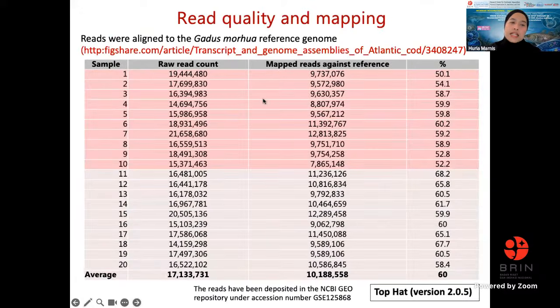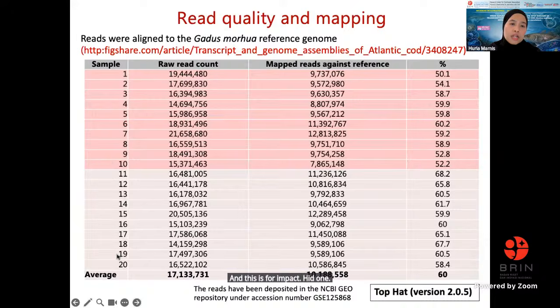These reads were aligned to the Gadus morhua reference genome. This is the link for the reference genome that we used. This is the raw read count and mapped reads against the reference, for the control group and for the infected one.